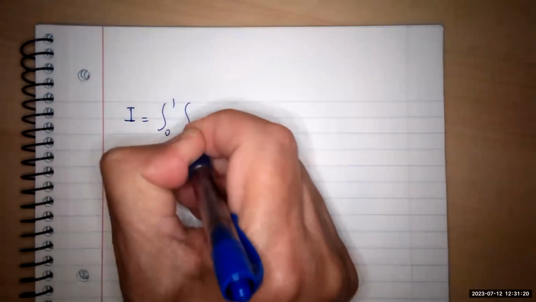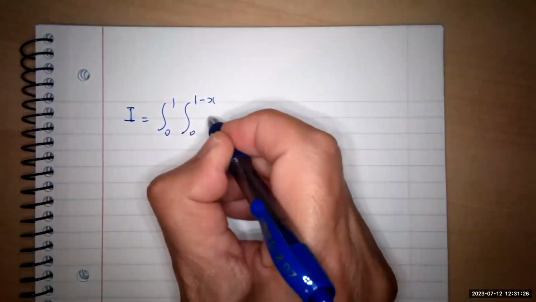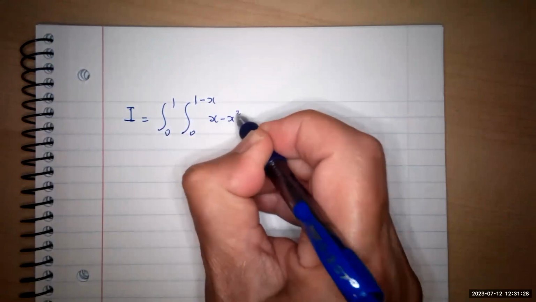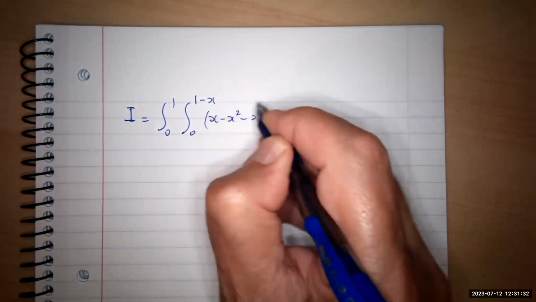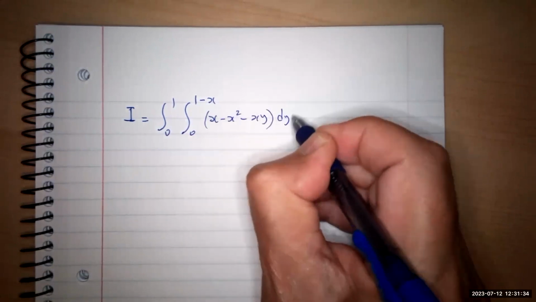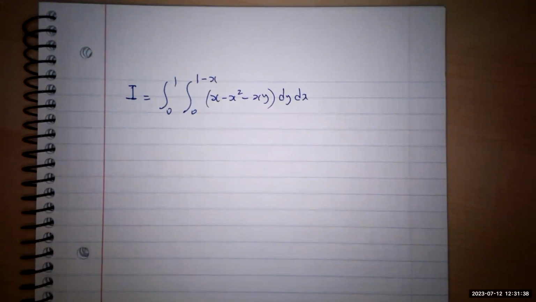So I continue. I call it I. The integral now is from 0 to 1, from 0 to 1 minus x, of x minus x squared minus xy, to be integrated with respect to y first, then with respect to x. Continue, integrate with respect to y.